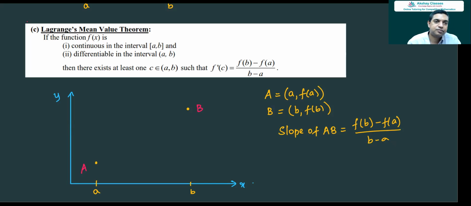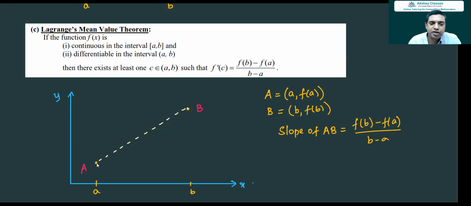So this right hand side in this mean value theorem is nothing but the slope of the line joining these endpoints of the interval A and B. All right. Now, the function is continuous and differentiable.